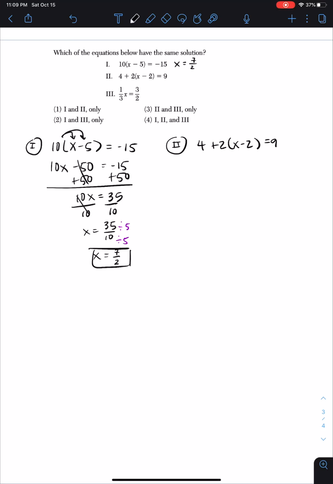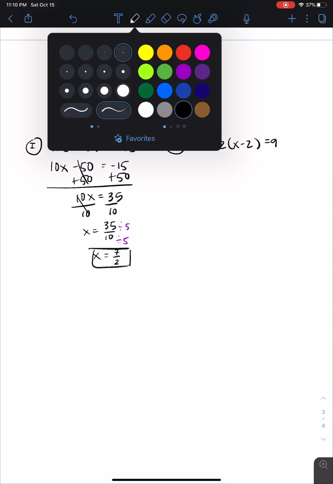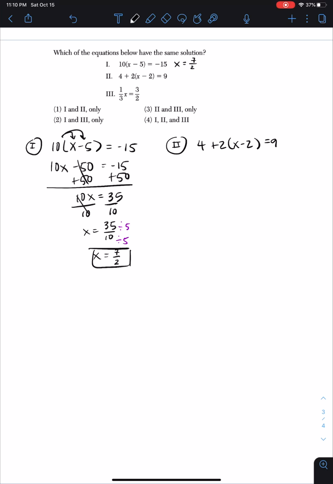Well, we have 2 options. We can either distribute first and deal with this part of the expression, or I could move the 4 to the other side and get rid of it. So I'm going to move the 4 to the other side after, well, let's do it first. But it doesn't really matter. If you do it first, then you don't have to combine like terms later.